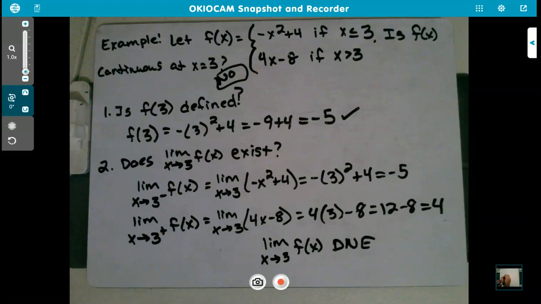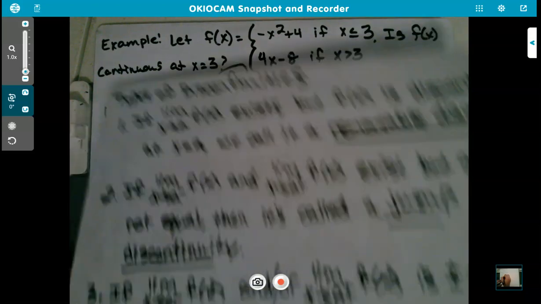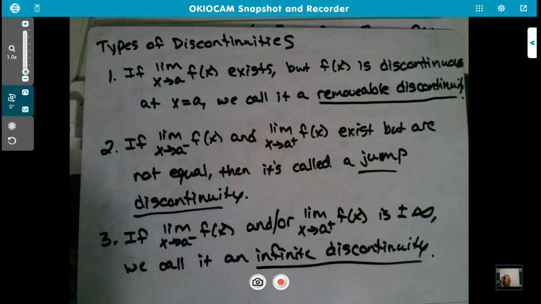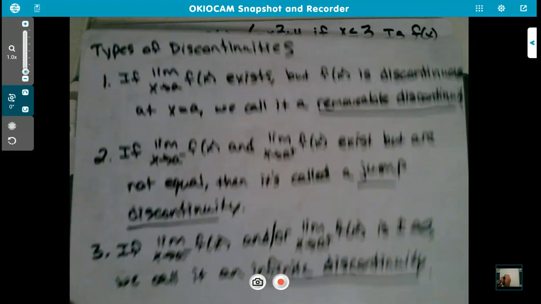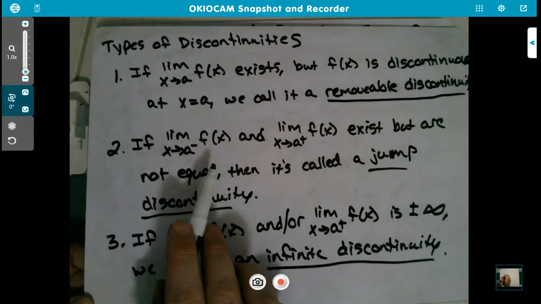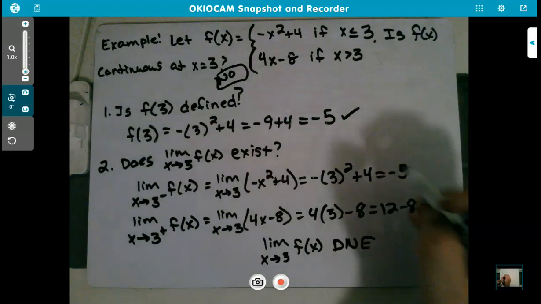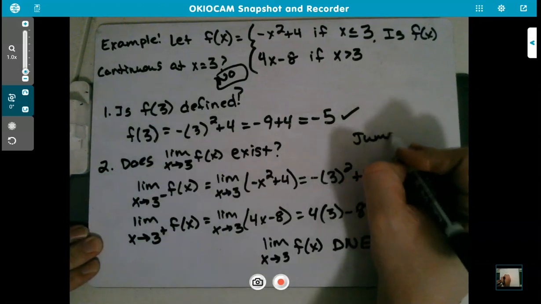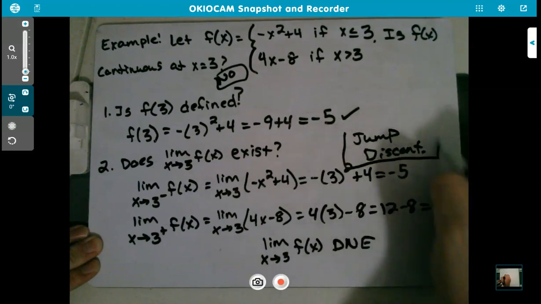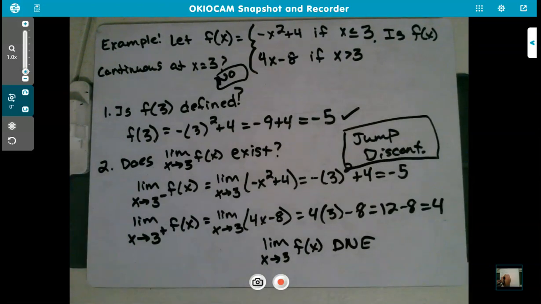Well, if I look at my discontinuity types, I can see type number 2 says the limit from the left is good and from the right is good, but that they are not the same. That's exactly what happened here. So because of that, I know this one was a jump discontinuity. I'm just going to say y'all know what I mean. And again, I know that because I can do it from the left and from the right, but they were not the same thing, so it is a jump.